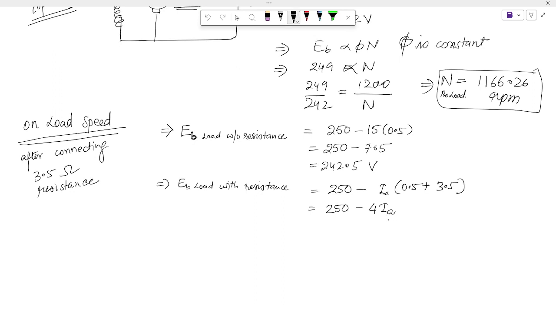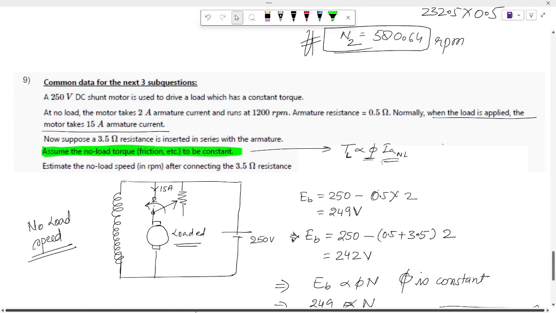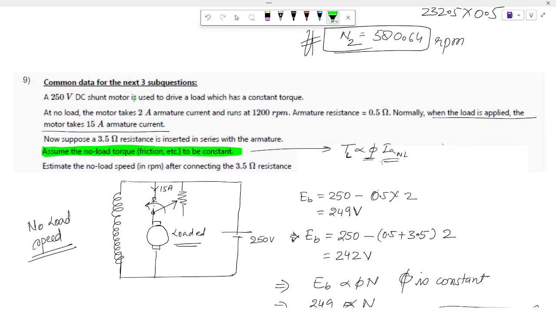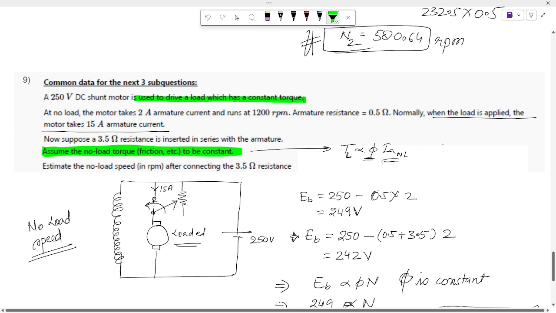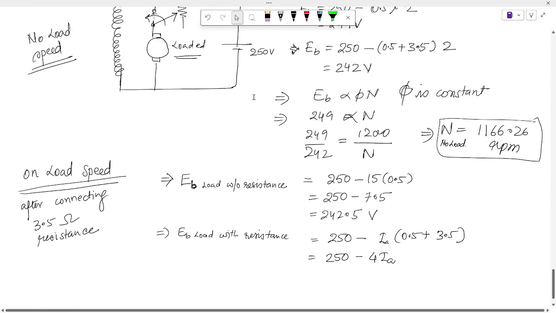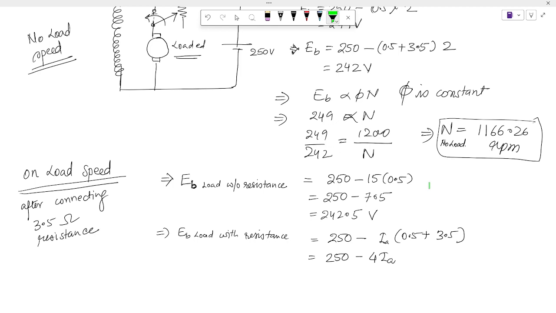Ia is not known to you, right? Ia under load is not known to you. First we need to find the value of Ia. What they have given initially is that the motor is used to drive a load which has a constant load torque. Under load condition, this load torque is constant. The initial current was 15.